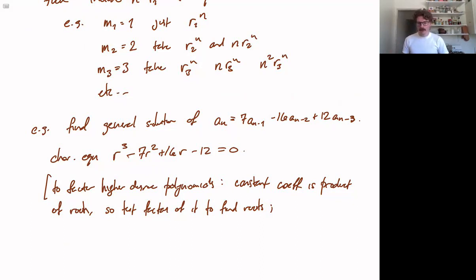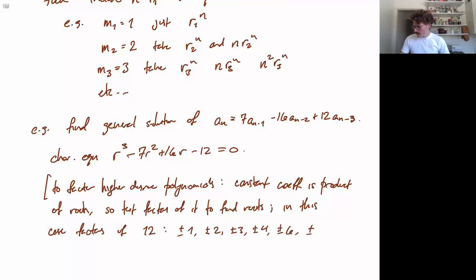I'm not going to do it out long, but let me give an idea of how it works. Factors of 12 or negative 12. So we want to test plus minus 1, plus minus 2, plus minus 3, plus minus 4, and plus minus 6, and maybe plus minus 12.